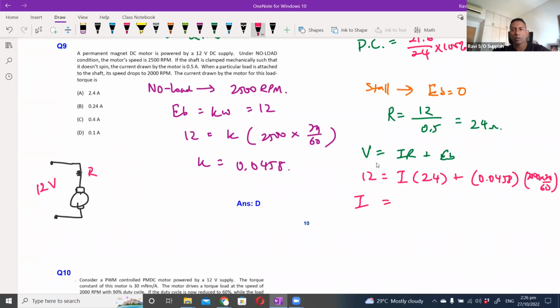With that you can calculate I to be 0.1 ampere. So it's again quite similar, in a sense that we always find K first, and then we look at what other information is given, and then we try to solve.